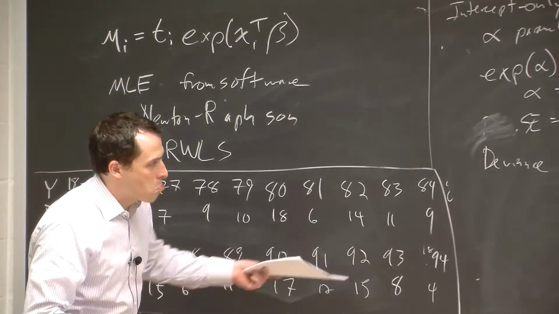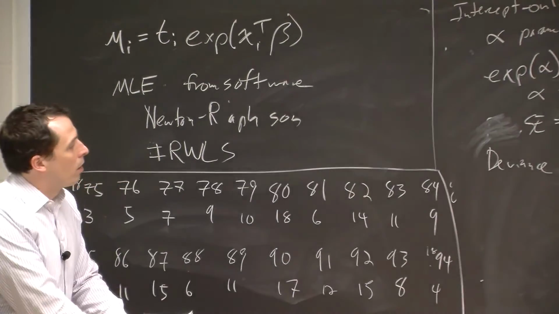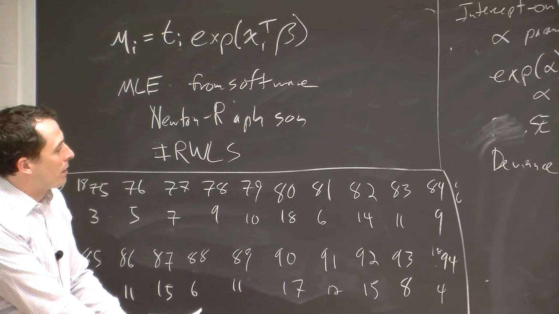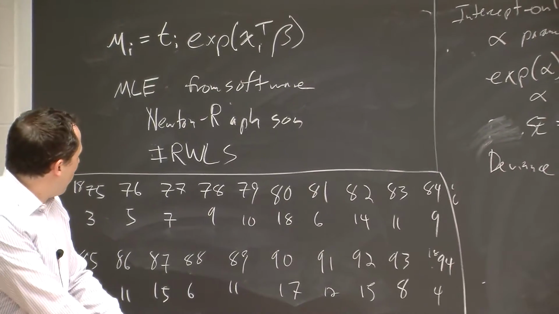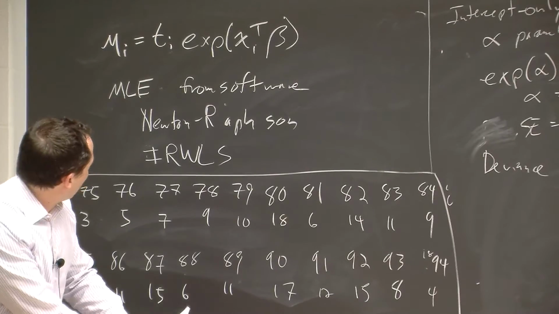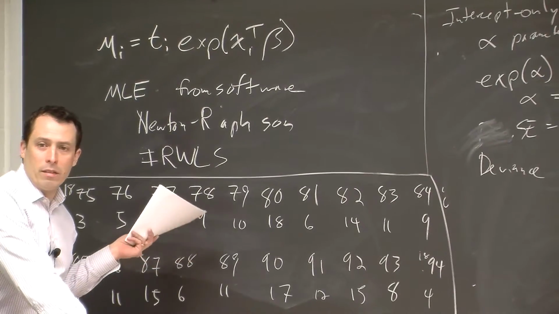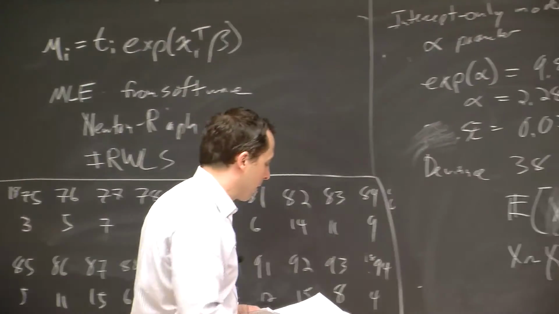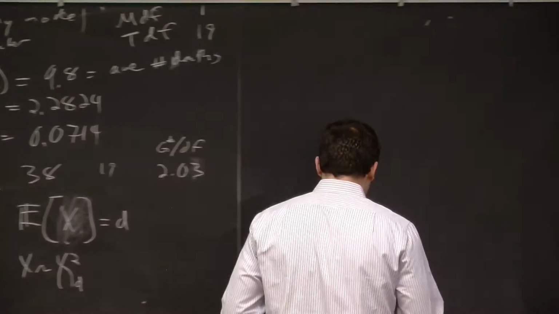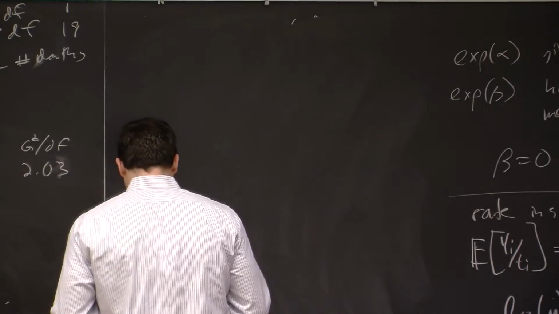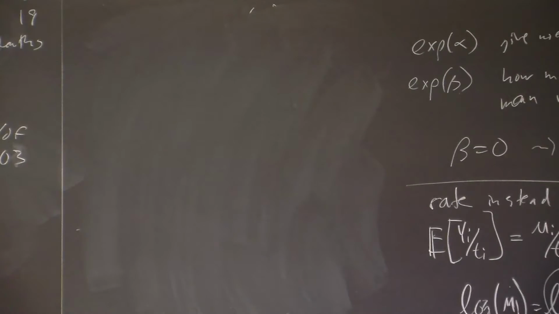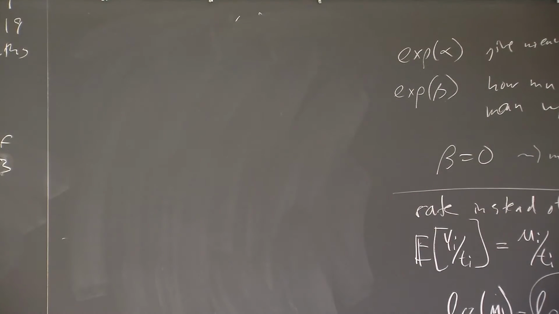So we could throw that in and hope that the G squared, as compared to the degrees of freedom, would go down. The fit would improve. And if that doesn't work, then perhaps we should throw in an over-dispersion parameter. Okay. So let's throw in year. That's going to be a continuous variable, 0 to 20.